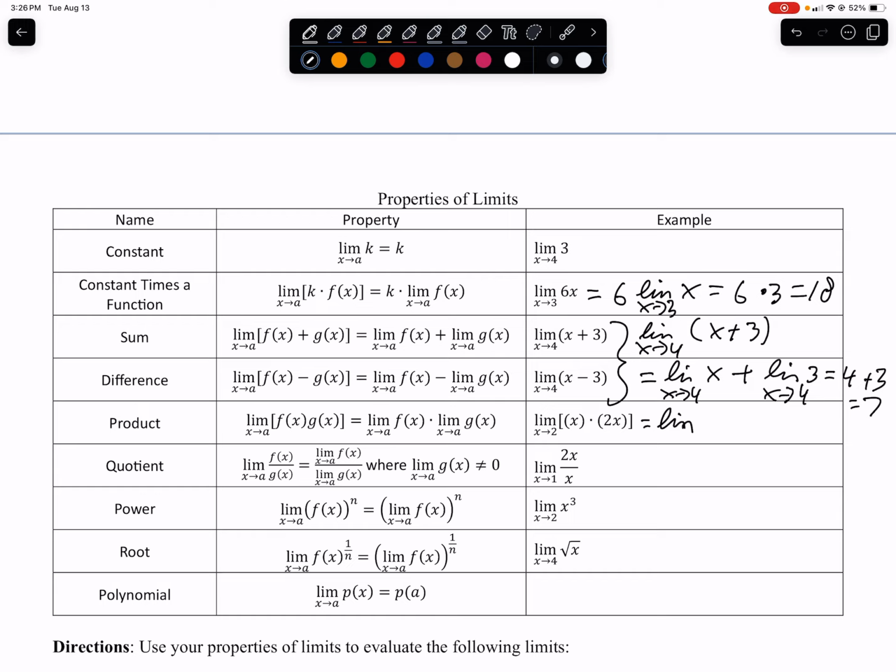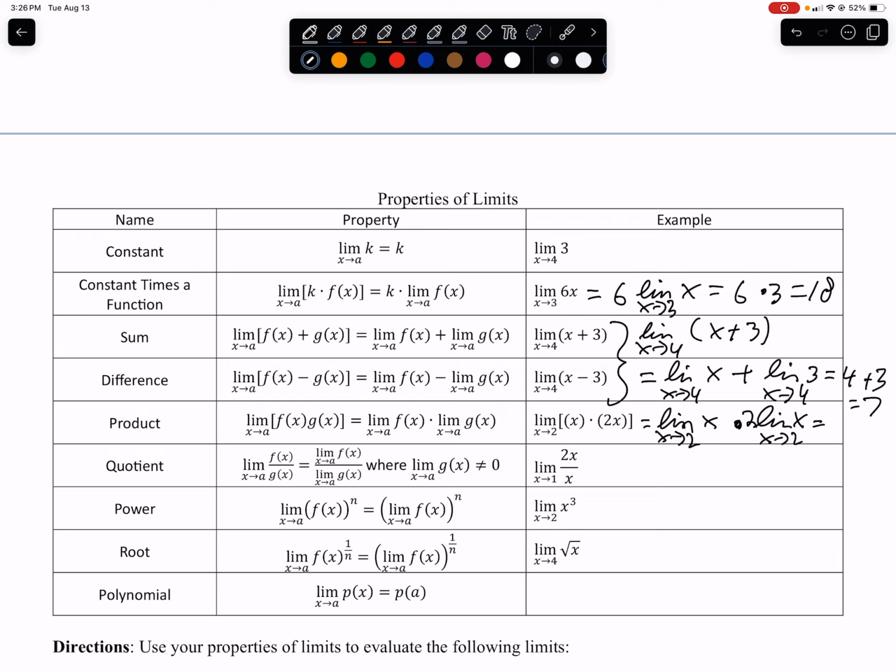The limit of the first one, which is x, times the limit of the second one, which is 2x. Again, I don't have a property that has the limit of 2x, but I have the property of just the limit of x. We did that earlier. So I'm going to use a constant rule. I can pull that constant out in front. So that 2 can come in front and take the limit of x.